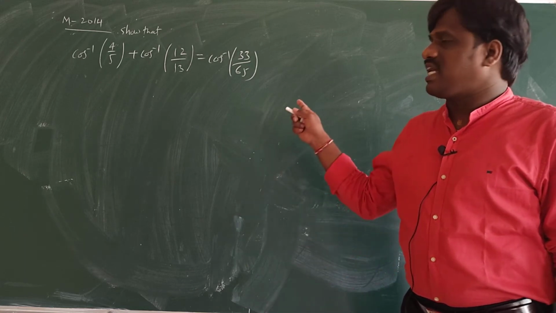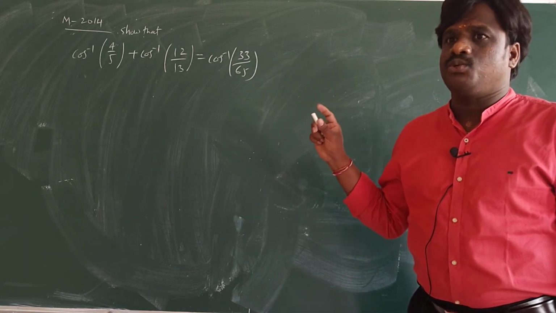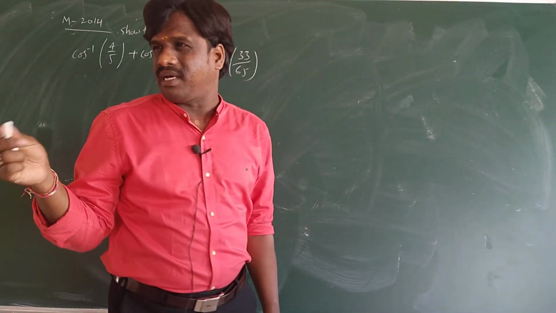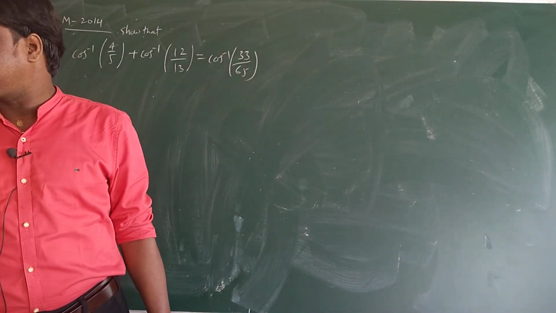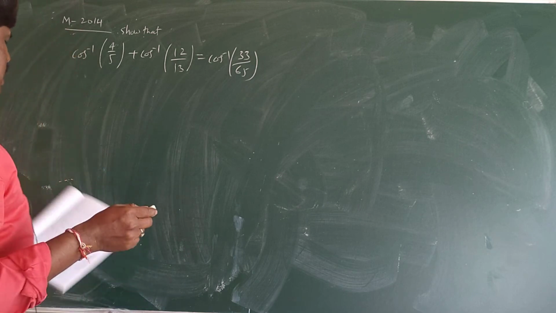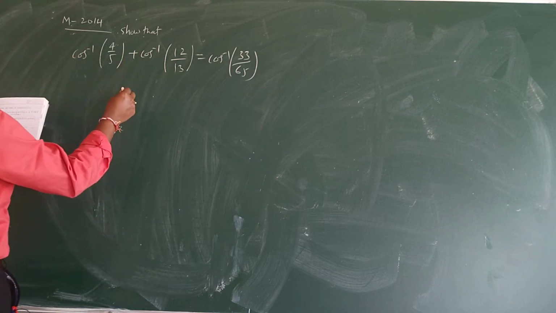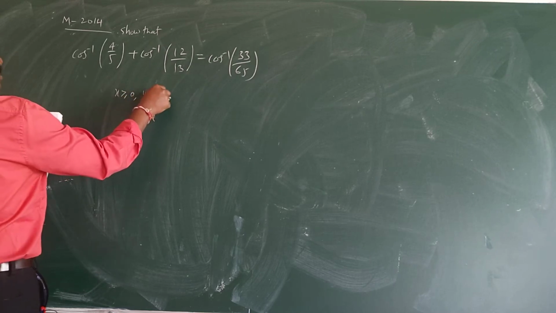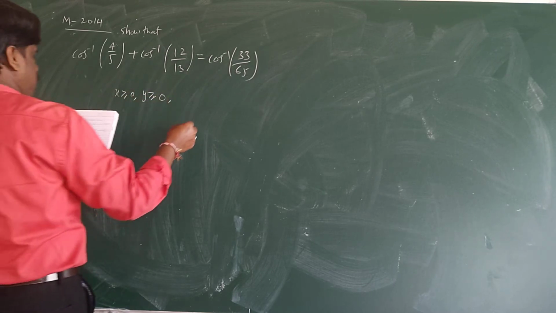See, I explained one method. You have one more method. If you remember the cos A minus B and cos A plus B formulas, there is one more method: for x greater than 0 and y greater than 0, which I explained in the IIT level.